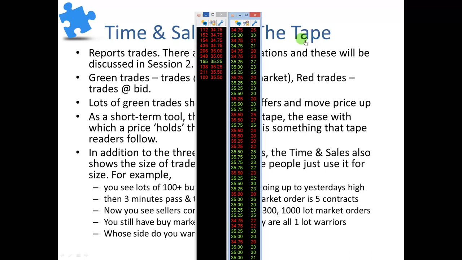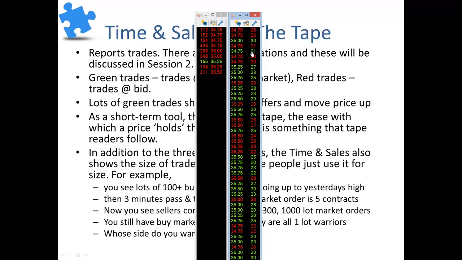So I would advise not showing too much information on the time and sales. All you really need to know is the price and the number of contracts. On this particular time and sales, the price is actually 1834.75, but I like to chop off the first 2 digits, just to make it easier to read.